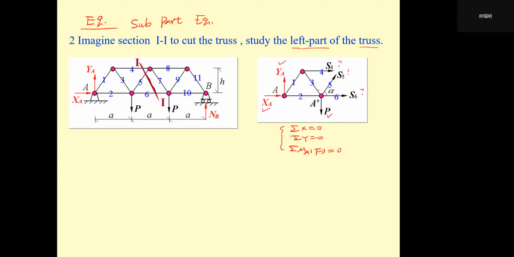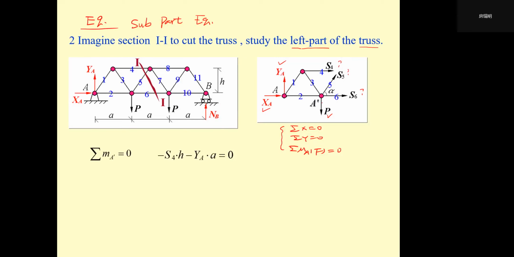This method is very smart and it can quite simplify our calculation because we do not need to use the method of joints to find 1, 2, 3, which is not necessary to find the internal forces 5, 6.